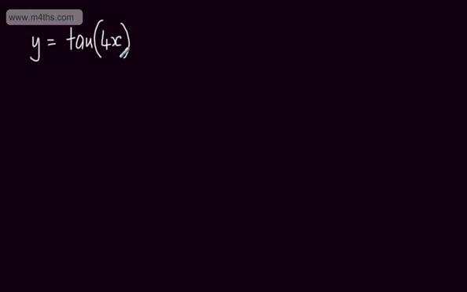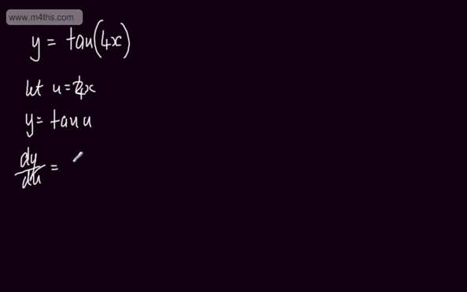We could use the chain rule formally. We could let u be equal to 4x. Therefore y is equal to tan u. dy by du would be equal to the derivative of tan u with respect to u, which is sec squared u. If we look at du dx, du dx is simply going to be the derivative of 4x, which is 4.